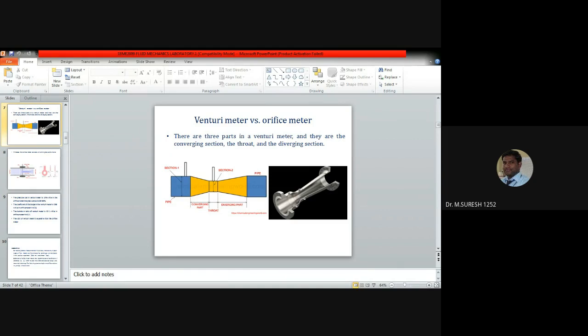This diagram includes a differential manometer. You have to take the left side reading and right side reading, find the time taken, and also calculate the coefficient of discharge. This is another diagram.